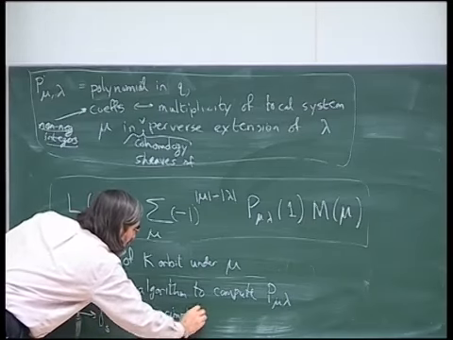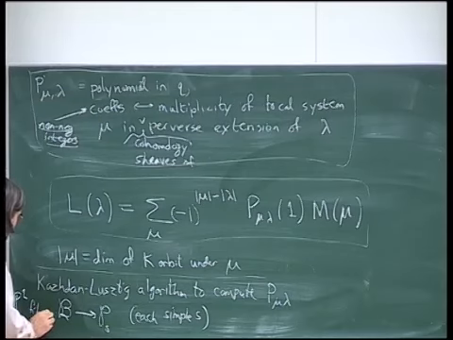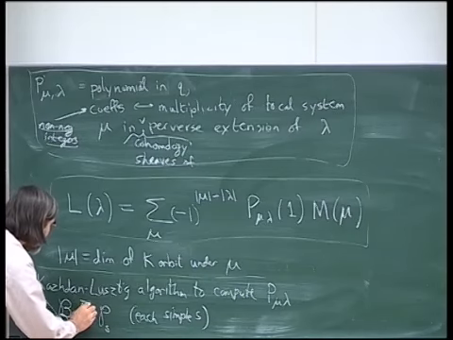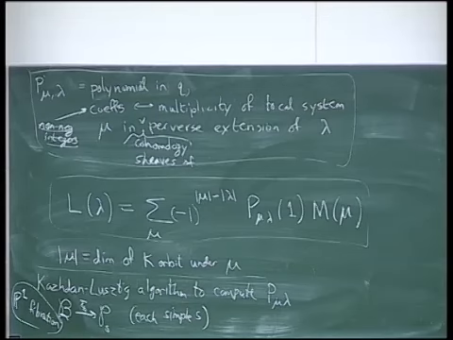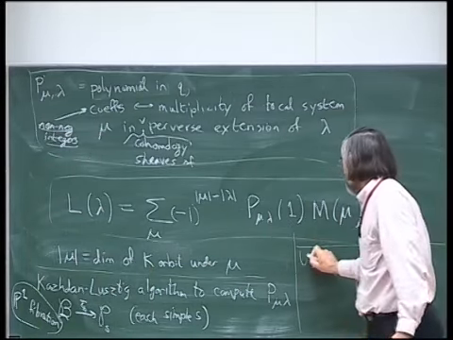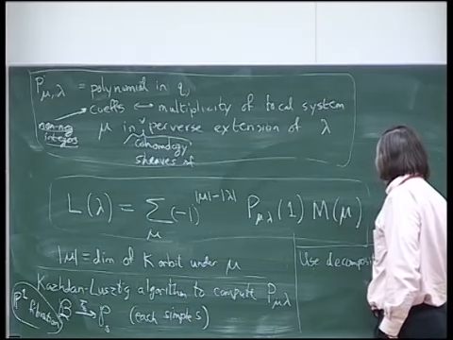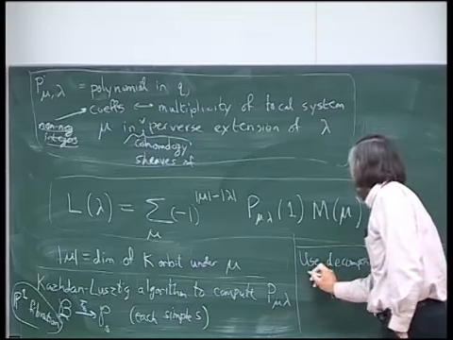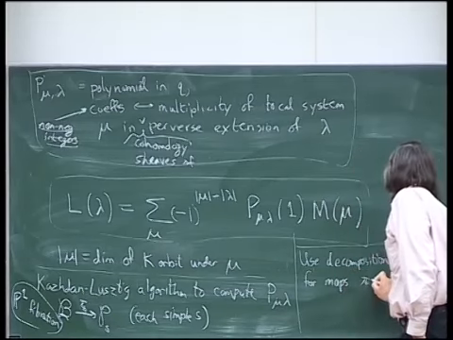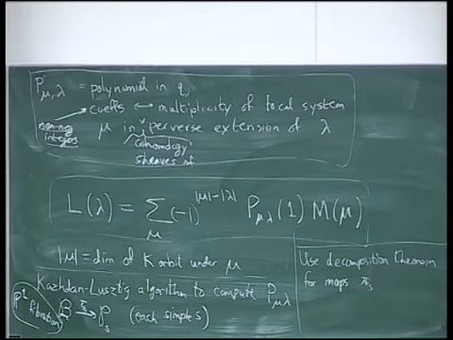For each simple root s, there's a P1 fibration like this, call that pi s, and what the algorithm essentially uses is the decomposition theorem for these various maps, pi s.